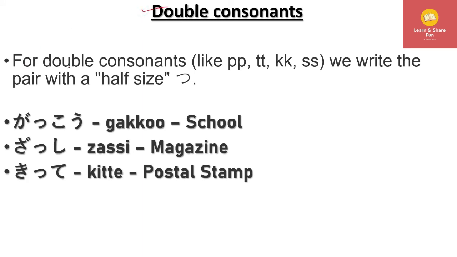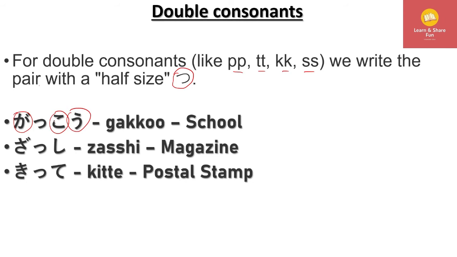For double consonants, letters like pa, ta, ka, sa, we write the pair with a half size tsu. Now let's understand with some examples. First word is gakkou.